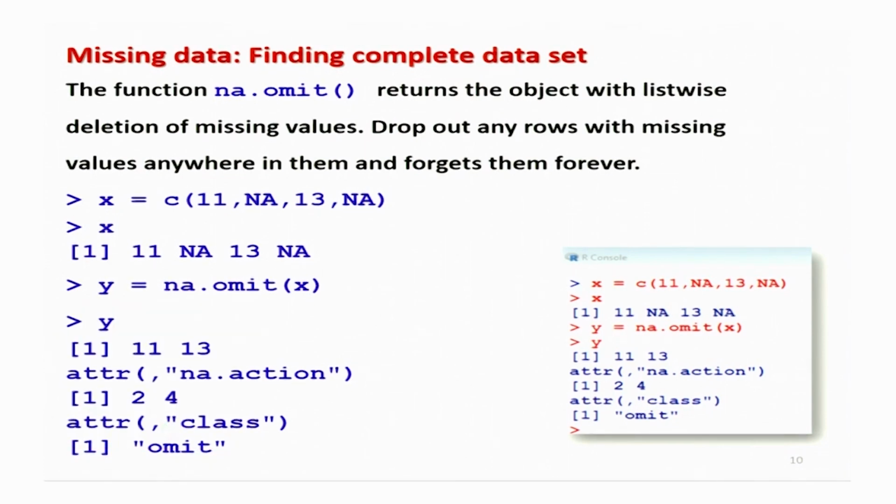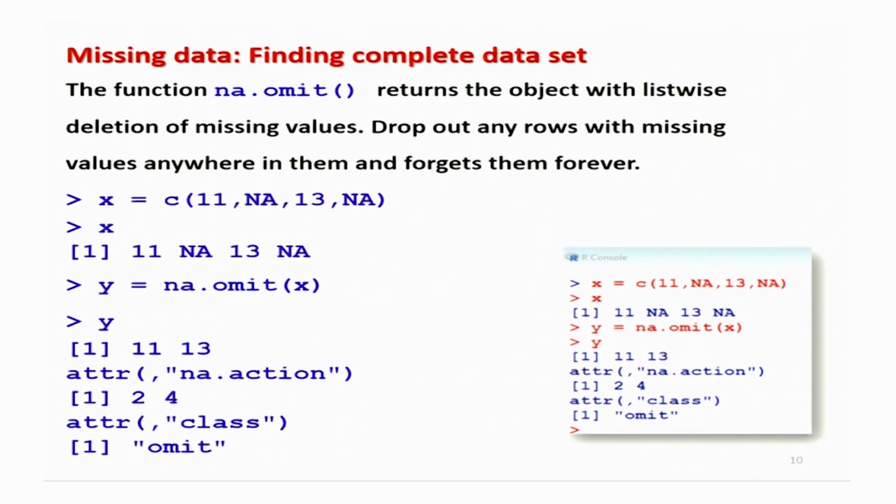And after this I give you one more operation which is a very simple operation. In case you want to create a data set after removing or omitting the missing values, how to get it done? Because all the time you are not interested only in operations on the data values, but sometimes you also want to extract the data set which has all the values, which is complete.